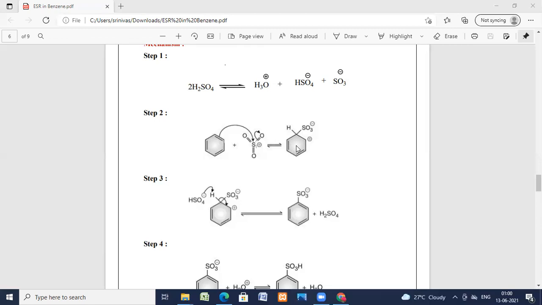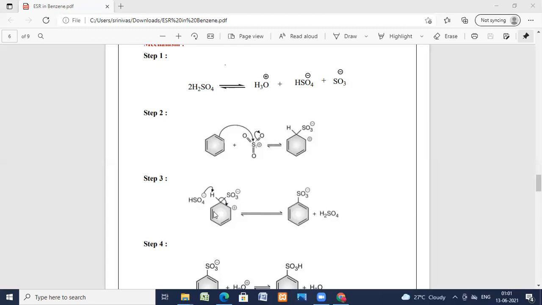Resonance hybrid is formed, and this resonance hybrid gets stabilized by the resonance structures. Finally, in one of the carbocation structures, the H+ gives up its electrons, and thereby the positive charge is gone.